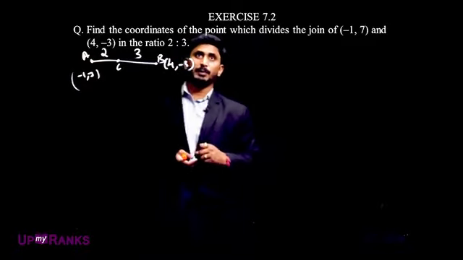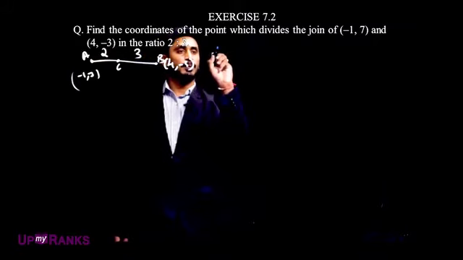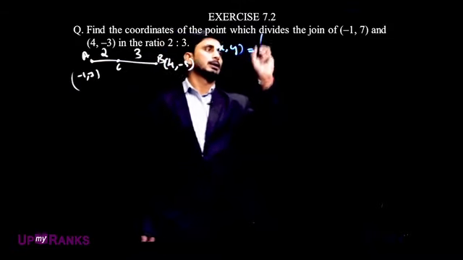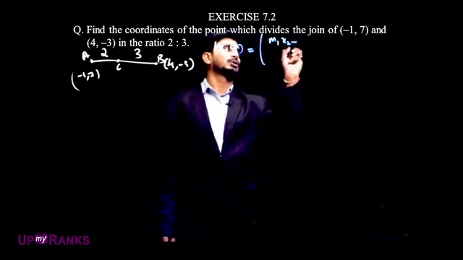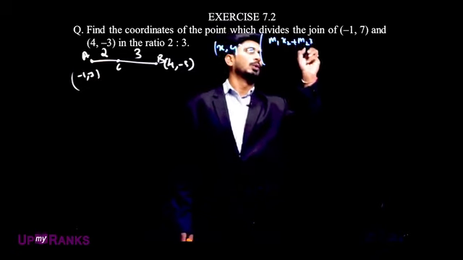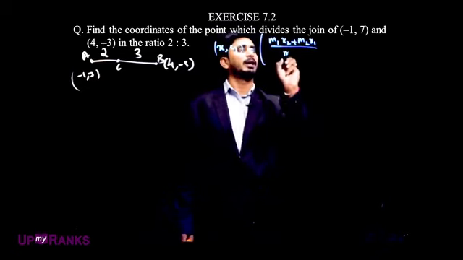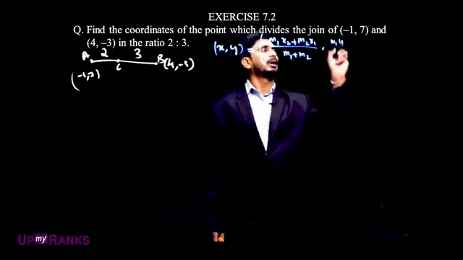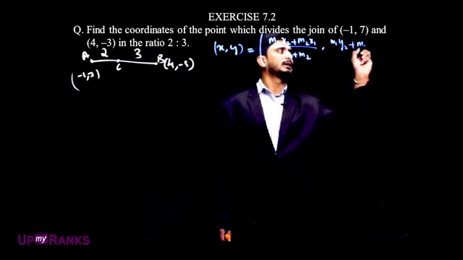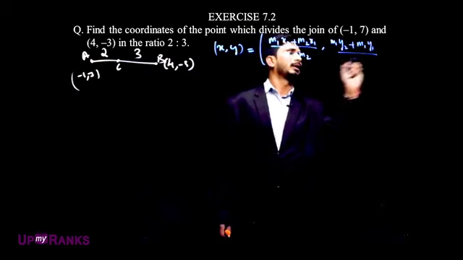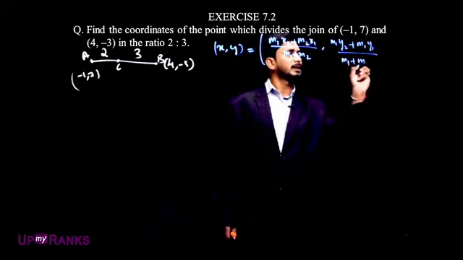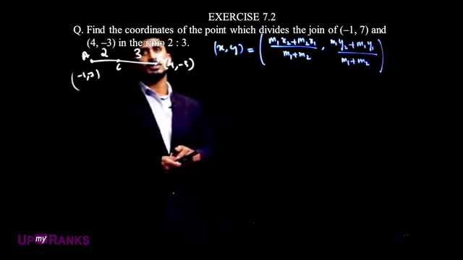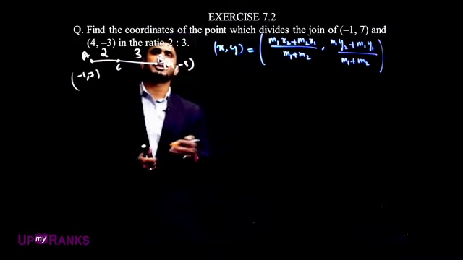So I will use the section formula: the point C (x, y) is (m1 x2 plus m2 x1) divided by (m1 plus m2), comma, (m1 y2 plus m2 y1) divided by (m1 plus m2). By using this formula, I will simplify it. The ratio given is 2:3, which is m1 is to m2.